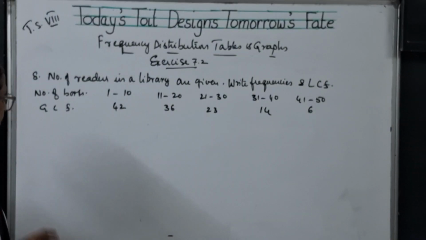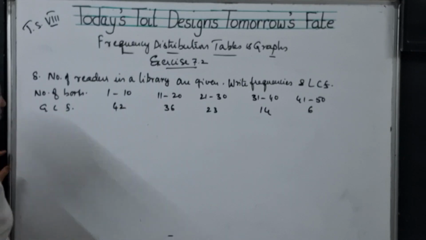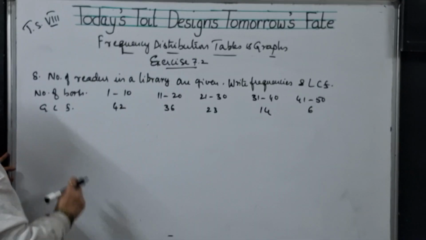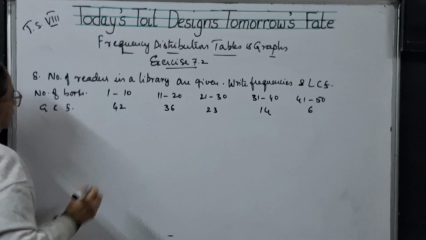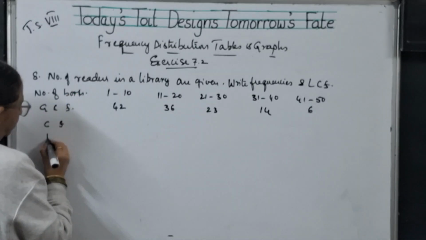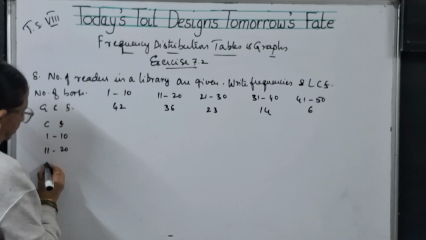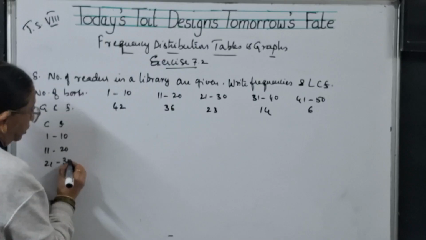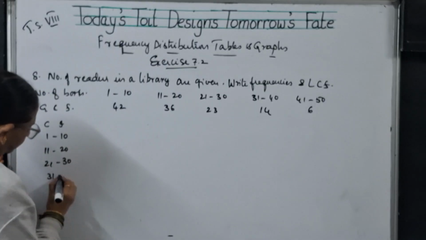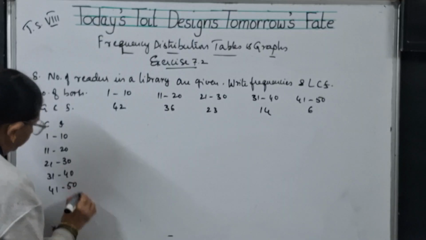Now, eighth sum. Number of readers in a library are given. Write frequencies and less than cumulative frequency. Here they have given the number of books, means class interval 1 to 10, 11 to 20, 21 to 30, 31 to 40, 41 to 50.